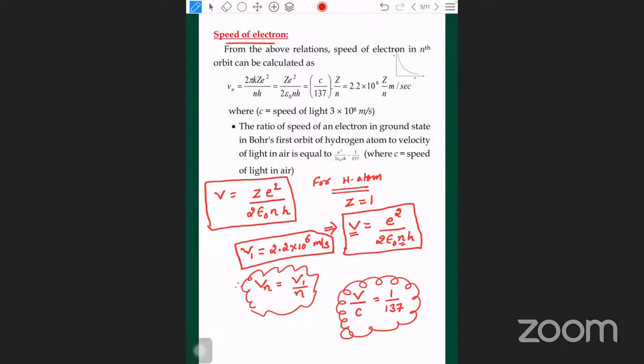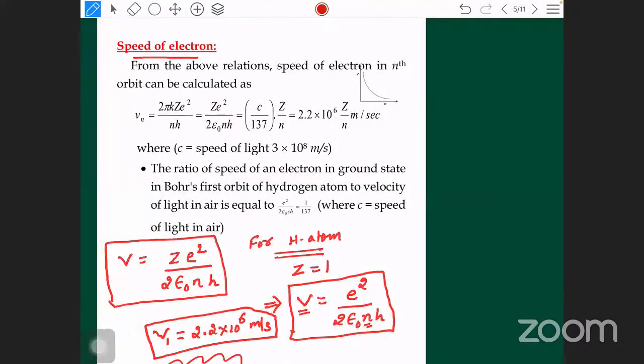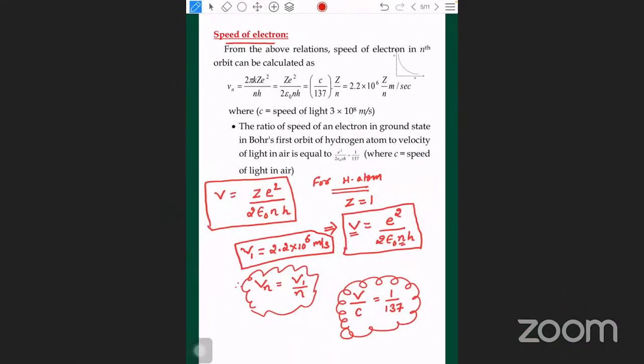That is v by c, which is 1 divided by 137. Got it?